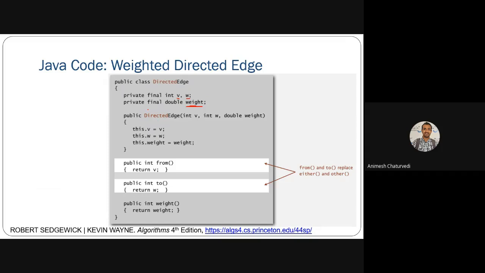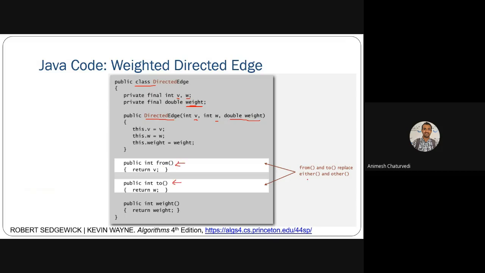Whenever you call this class, the constructor will be called, and then this u and v are assigned to the vertices, and this weight is assigned. And whenever you want to access the adjacency list or something, you use the functions from and to.